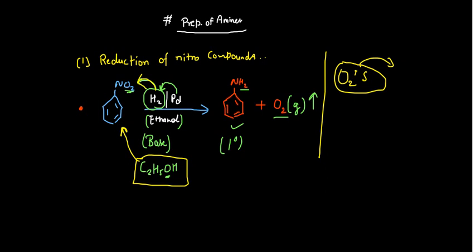H2 comes in and O2 gets loosened up. So this is the entire logic for this one. I hope you have understood it very well, and we're going to see one more reaction after this.